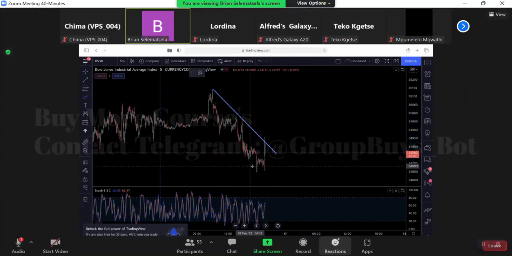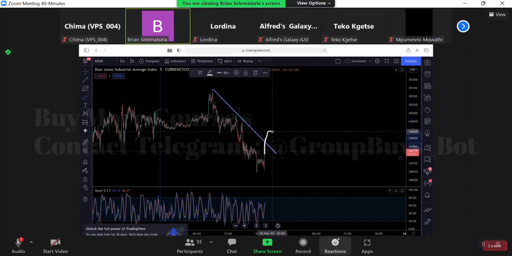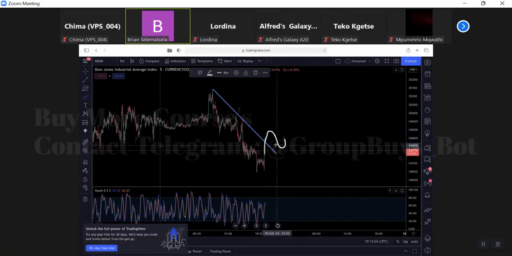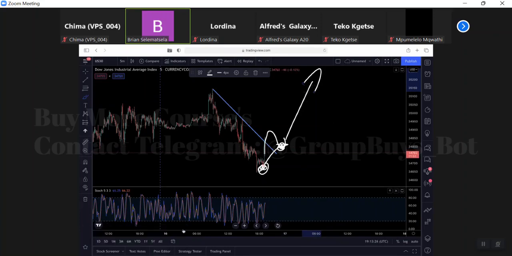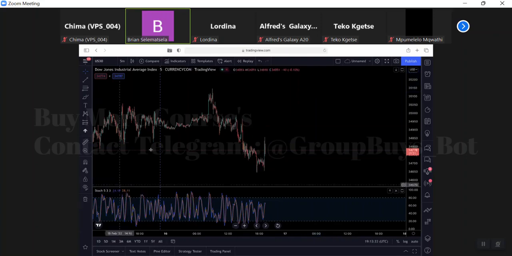So the best thing we can do is wait for it and close above so that we can spot divergence between this point and that point so that we can take it up like that. Just a matter of waiting here.